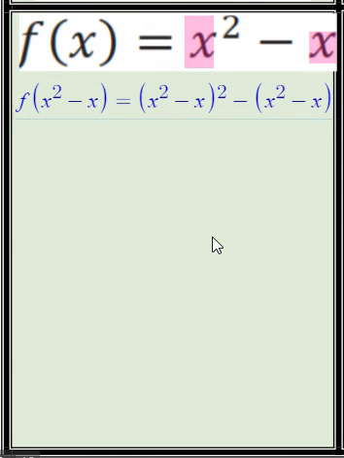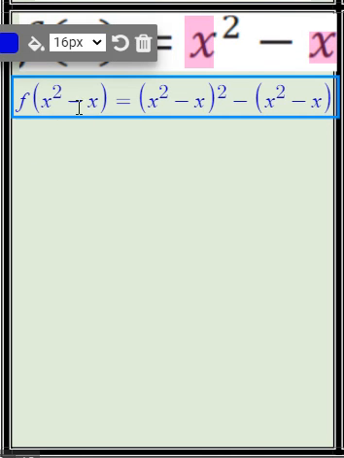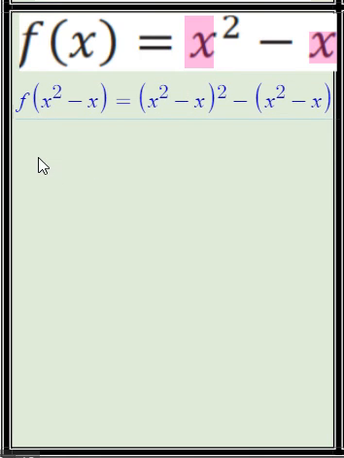But if there's more than one x up here, then we're going to replace that x with what's inside parentheses every time. So when we square something, we write it twice.